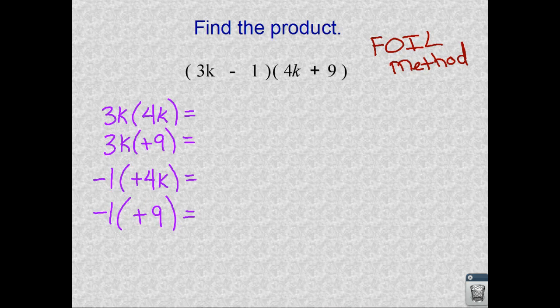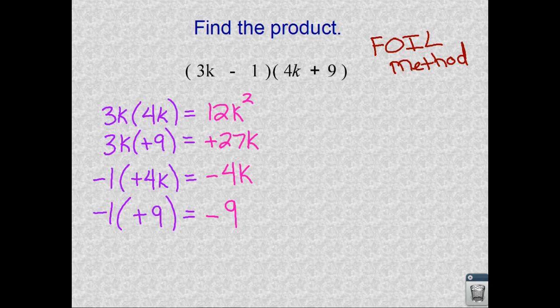Quickly simplify this. It's going to get us 12k squared. What do we have? 27k. Then we have negative 4k and negative 9.